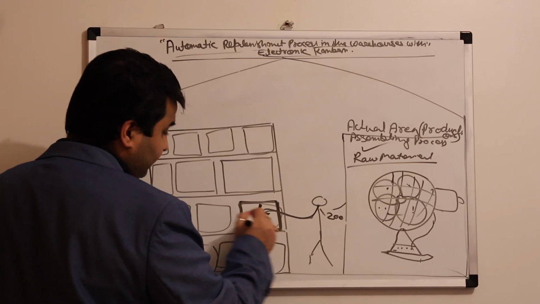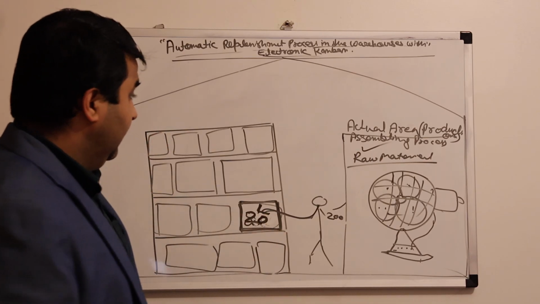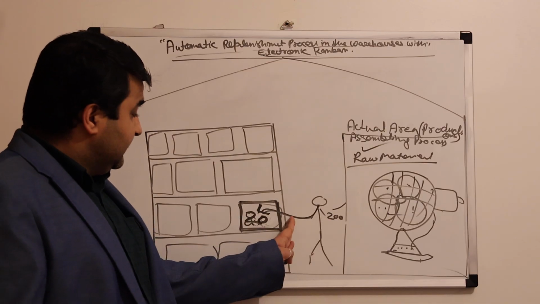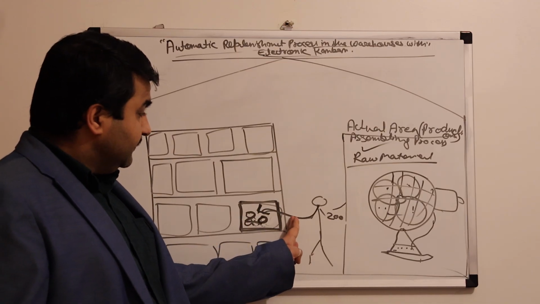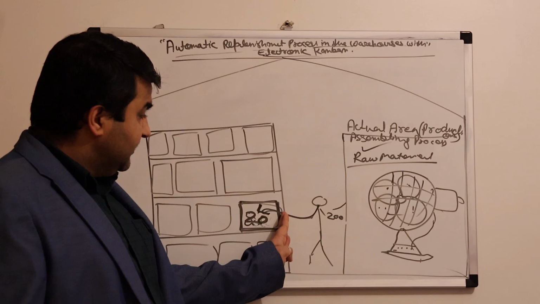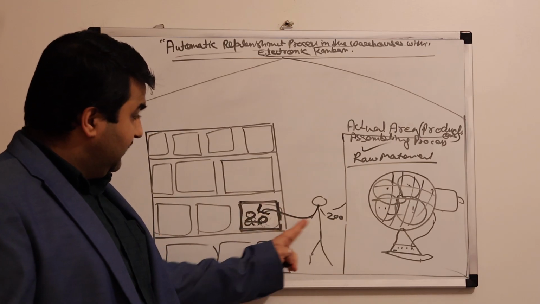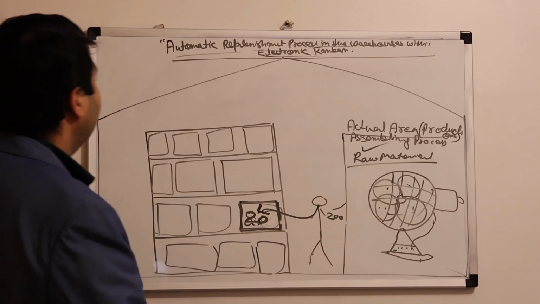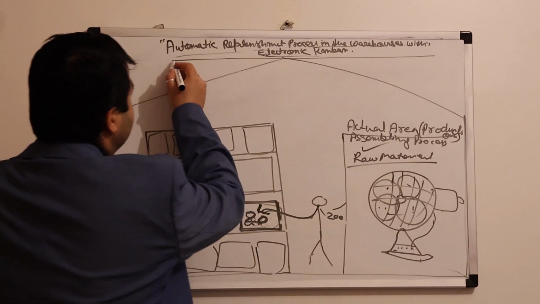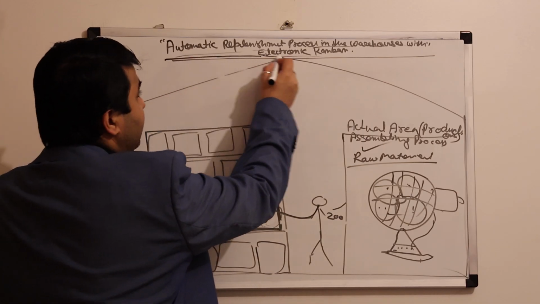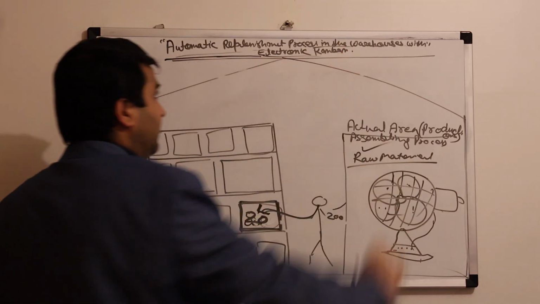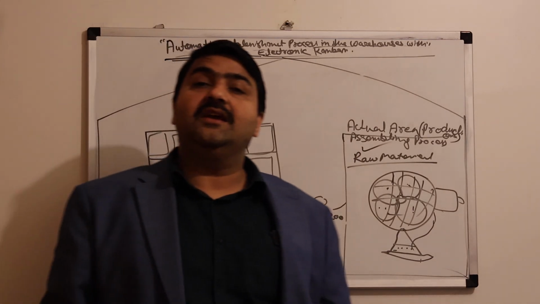So to overcome this situation where we have less material, we have one of the advanced processes, the automatic replenishment process in the warehouse with the electronic Kanban.